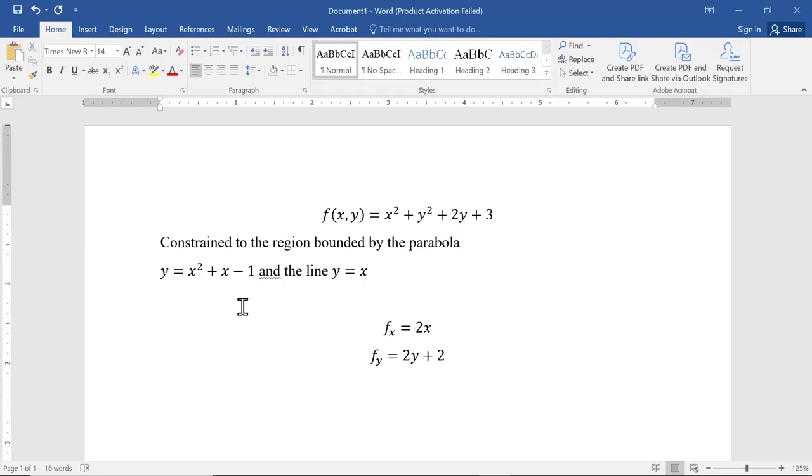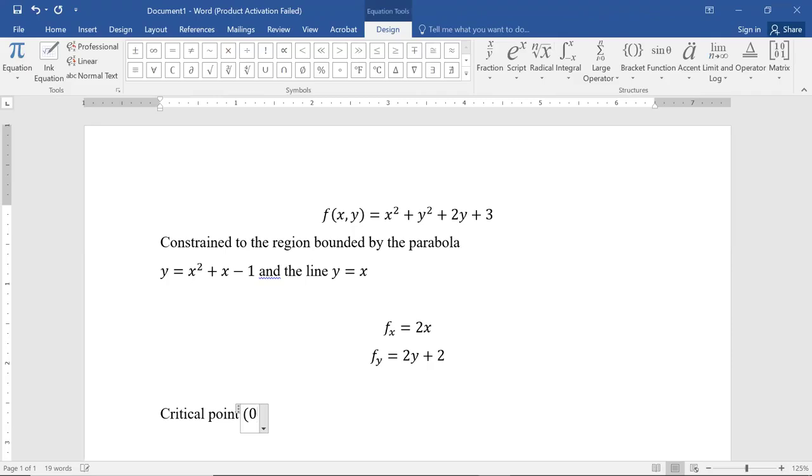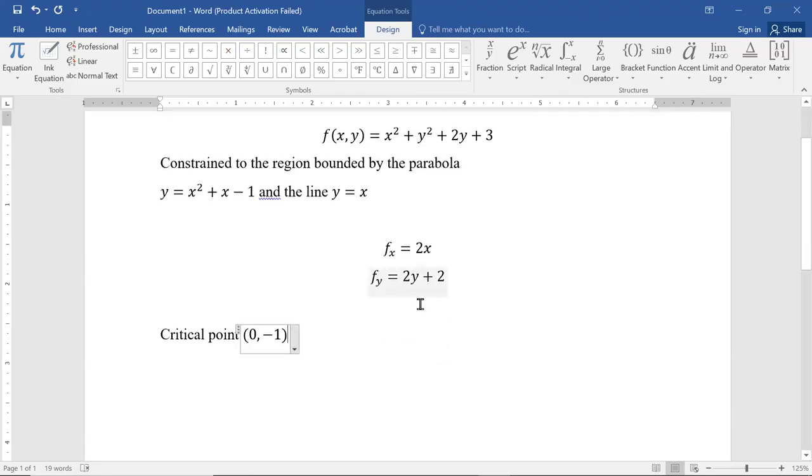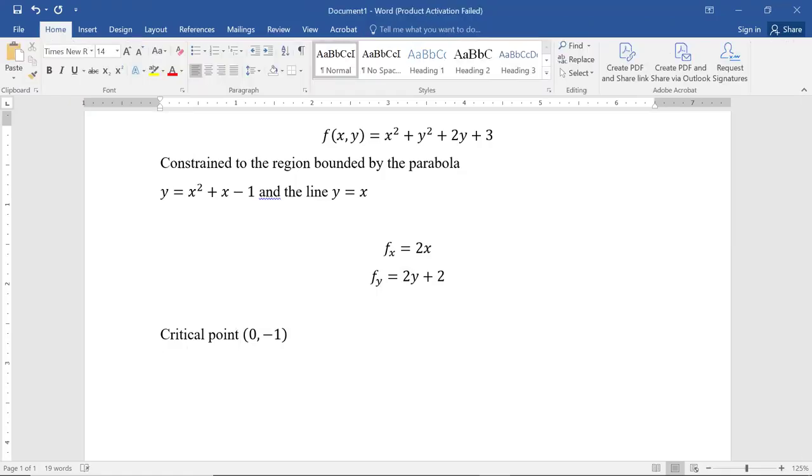I'm just going to state that the critical point was the point 0, -1. That's what we get if we set both of those equal to 0: it forces x to be 0, forces y to be -1, right?